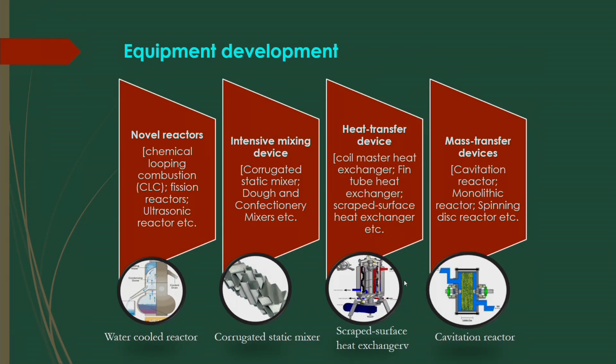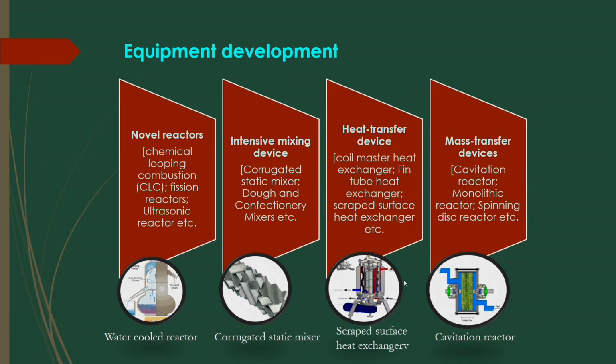Now, for equipment development, you have to consider some novel reactors like chemical looping combustion reactor, fission reactors, ultrasonic reactor. Based on different process intensification techniques that you can develop, novel reactors are there. There are several other reactors available nowadays for process intensification.